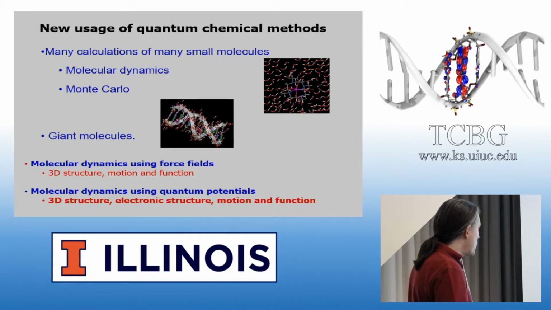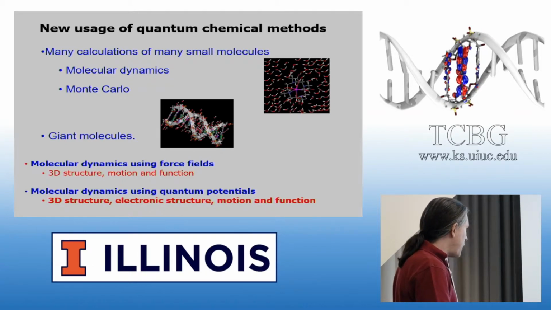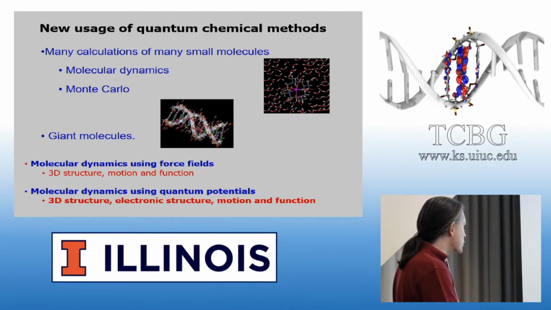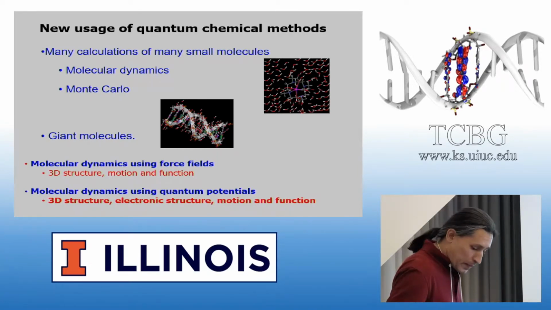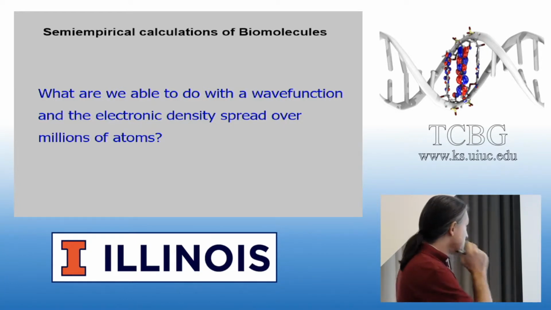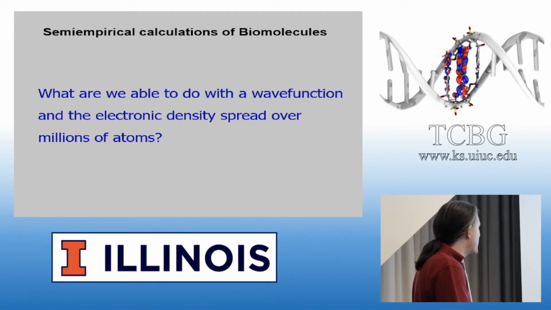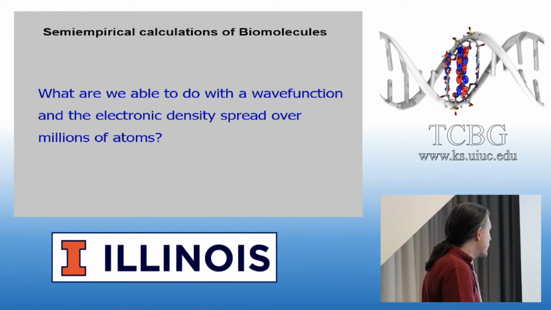And when you use quantum chemistry calculation coupled to a molecular dynamics simulation method, you can find the electronic structure of your material. This is an important difference from when you use only a force field to do molecular dynamics. But the question is, what are we able to do with a wave function and electronic density spread over millions of atoms?